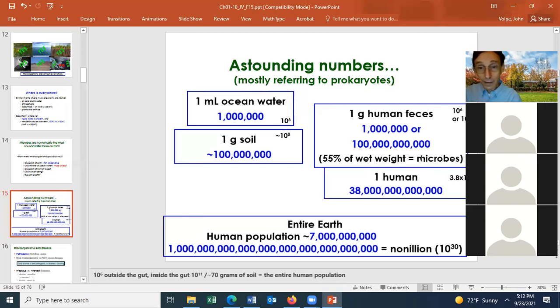Of course, if it was very dry human feces, like if somebody goes to the bathroom in the desert and you take a look at it a week or 2 later, it'll be much less. There would only be about 1 times 10 to the 6th, which is about the same number of microorganisms you find in the desert soil or in the desert ocean water. Any question about any of that?